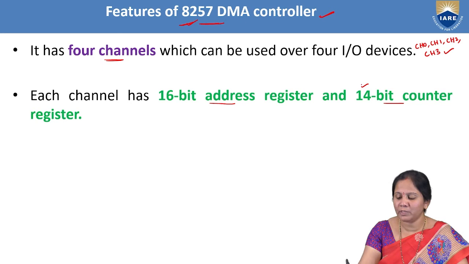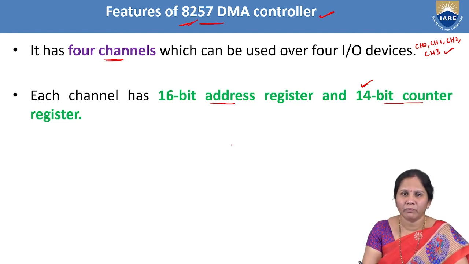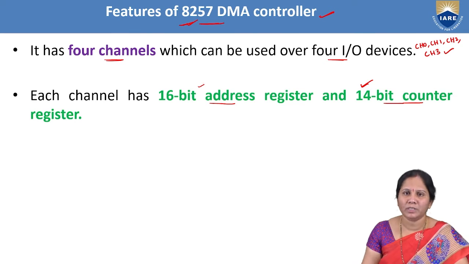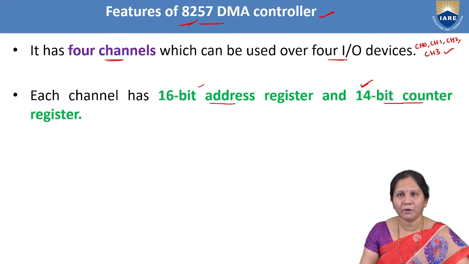So since 14 bits are involved in the counting part, that is why we say 14-bit counter register, whereas the 15th bit and 16th bit represent the type of operation, that is read and write. Since here we have 4 I/O devices, 4 channels, each channel consists of a 16-bit address register and a 14-bit counter register. So since there are 4 channels, we will have 4 address registers and 4 counter registers.